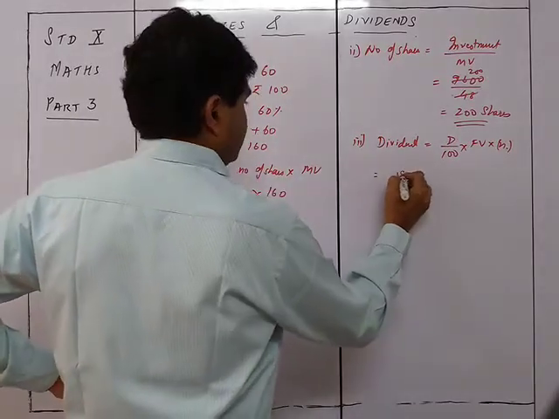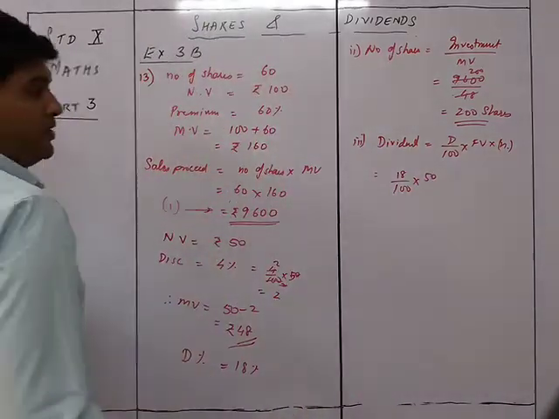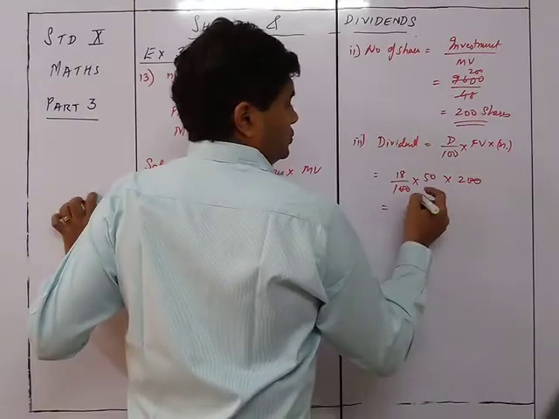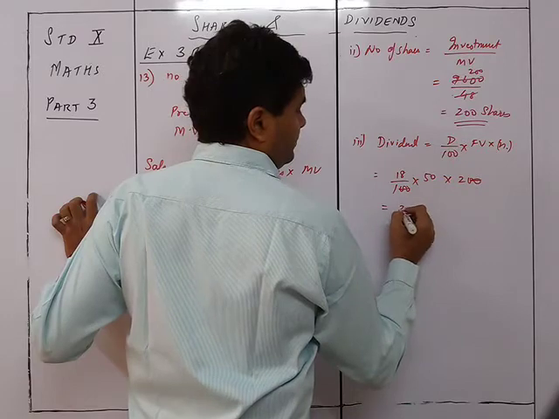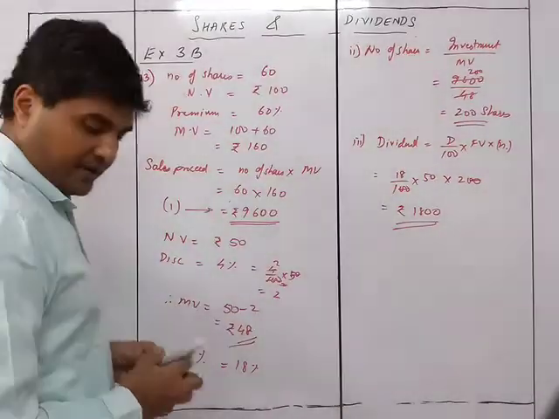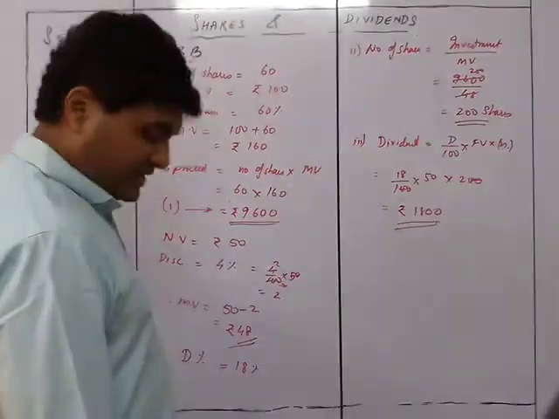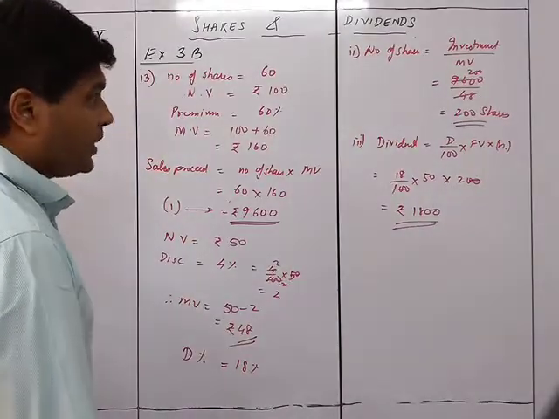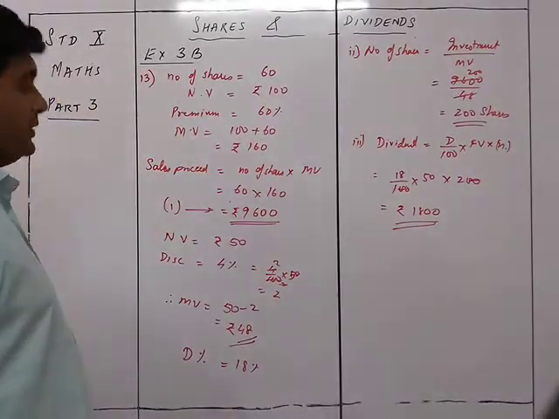Dividend percent is 18% upon 100 into 50, the nominal value, into number of shares 200. So that is rupees 1800, the income or the dividend from the shares. So the answers are 9600, 200 shares and 1800 for sum number 13. That was sum number 13.